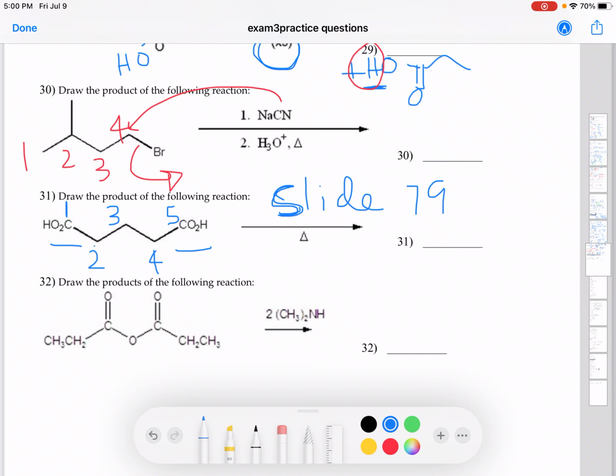So it's an intramolecular anhydride formation. The 5 carbons, 1, 2, 3, 4, 5. And this one is going to be the oxygen. Something like this.